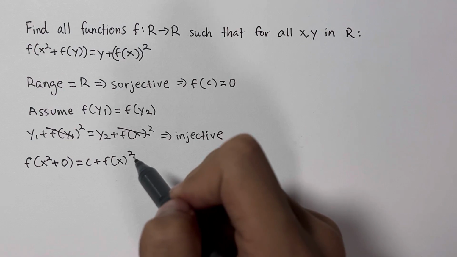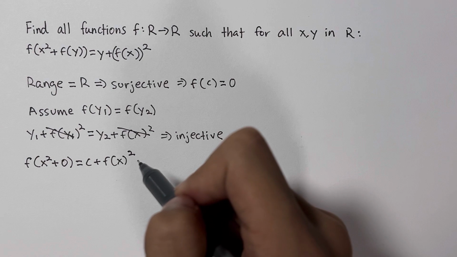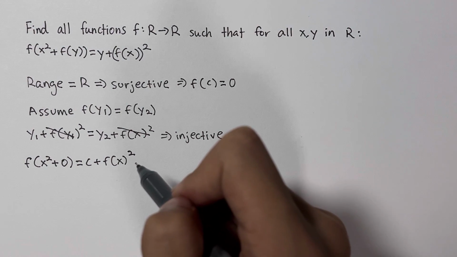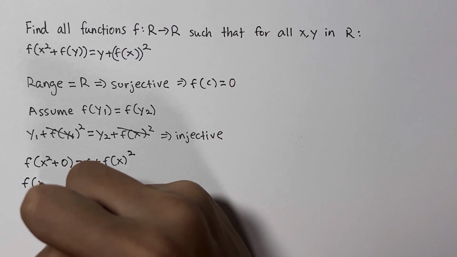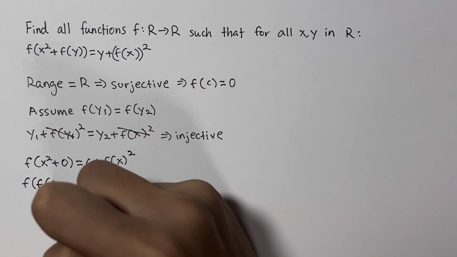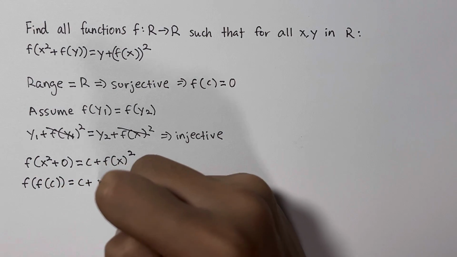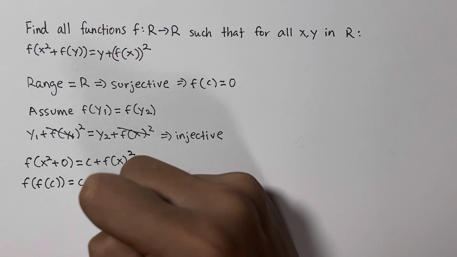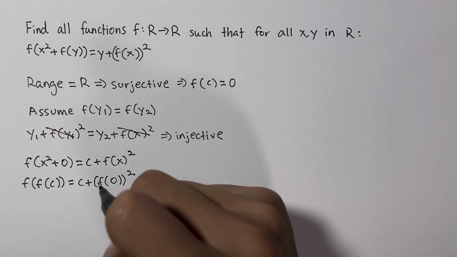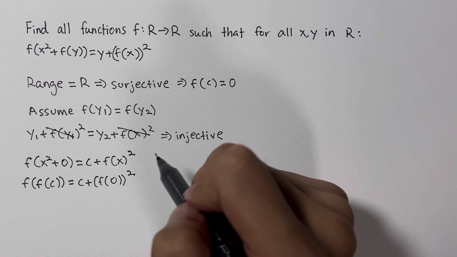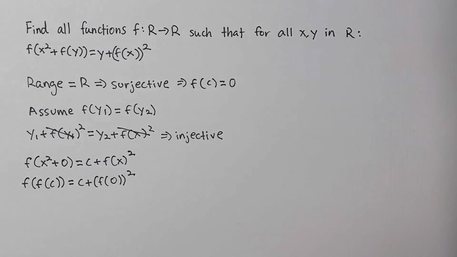Let's use these two new equations to find the values of c and f of 0. From relation B, we can plug in y equals c. We'll have f of c equals c plus (f of 0) squared. Since f of c equals 0, we have 0 equals c plus (f of 0) squared.